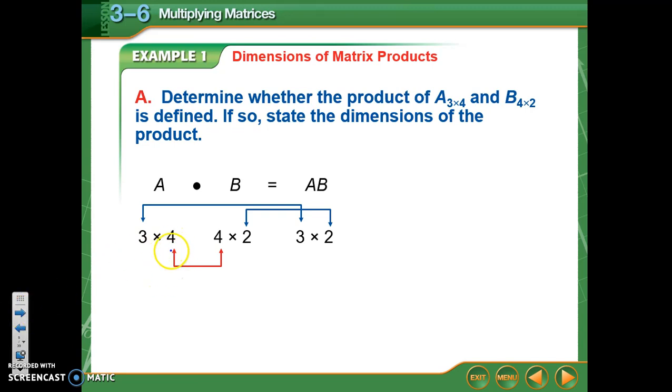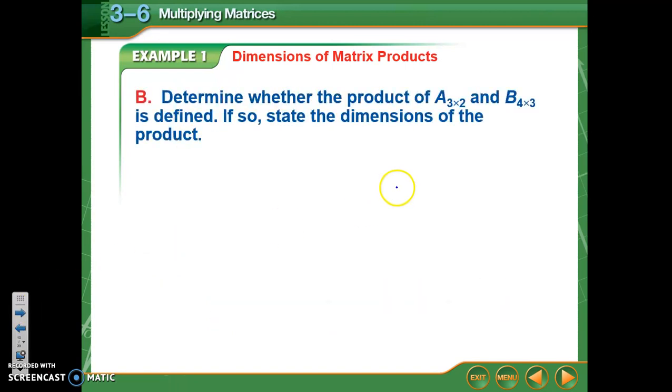Since the number of columns in A and the number of rows in B match, yes, I can multiply. And my result, A times B, will have the dimensions of 3 by 2, taking the number of rows from A and the number of columns from B. So when I multiply, I would get a 3 by 2 matrix, which we're going to practice here in a minute.